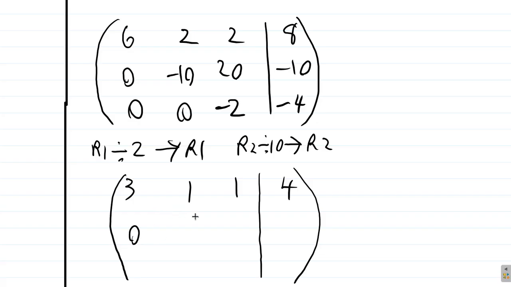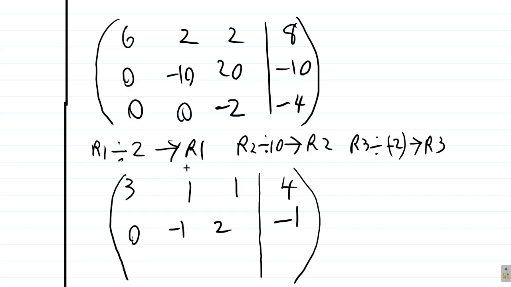So it's 0, negative 1, 2, negative 1. Okay. And then row 3, let's divide it by negative 2 to get some positive numbers, leading to a new row 3.